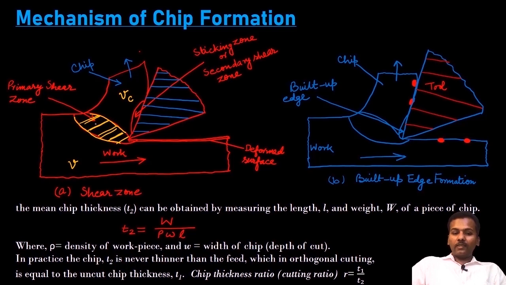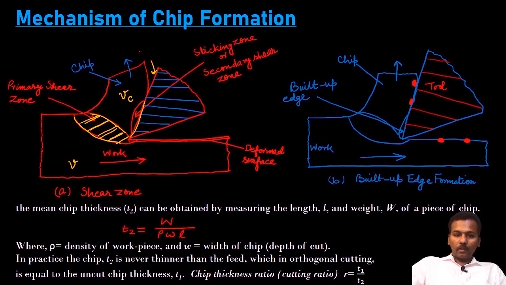So this is the fan shaped model, where the major shearing occurs in the primary shear zone. After conversion into the chip, the chip flows in contact with this surface, the rake surface. The chip remains in contact for a certain length.